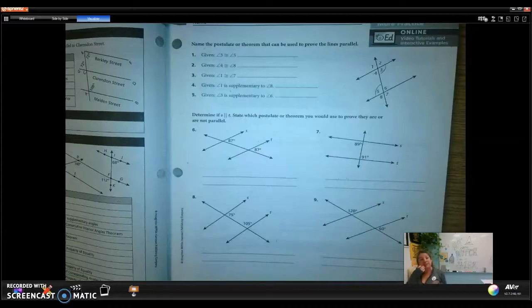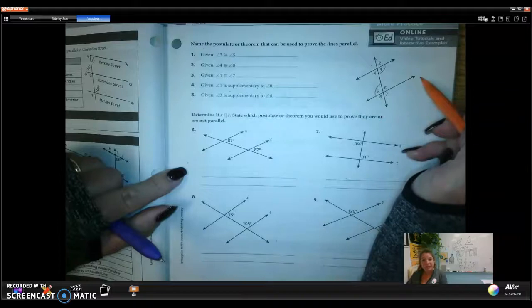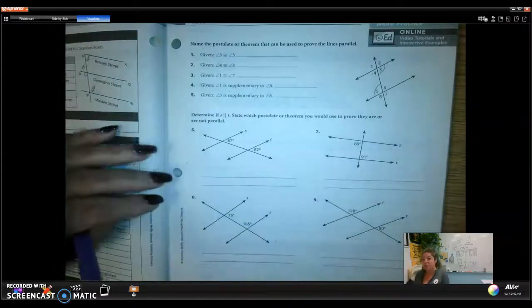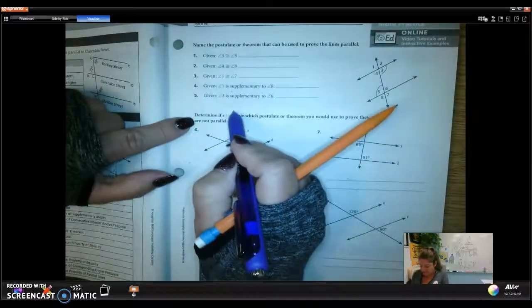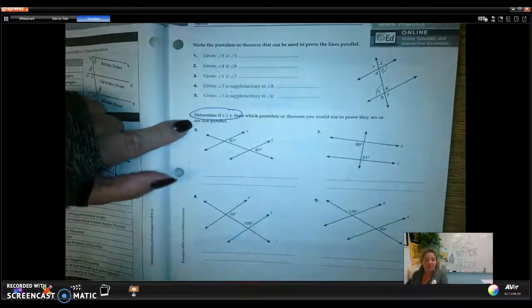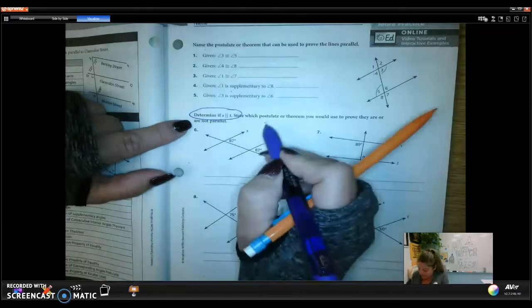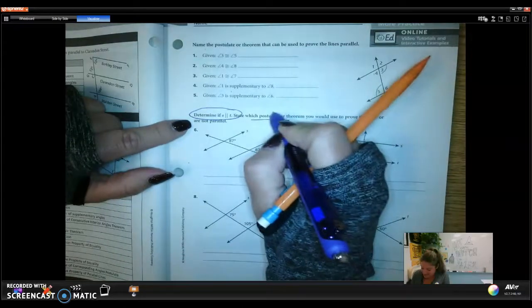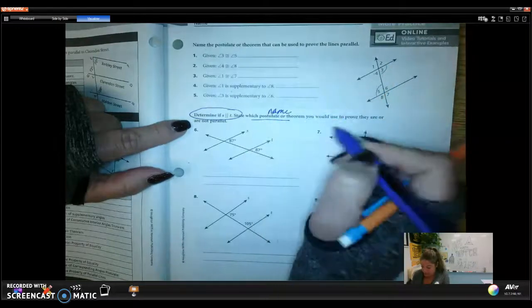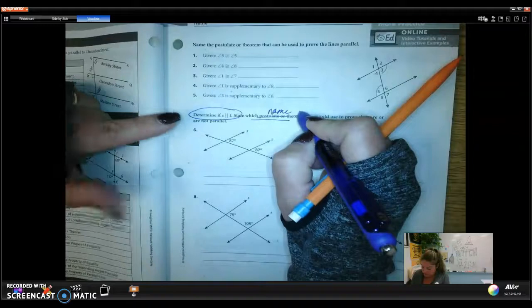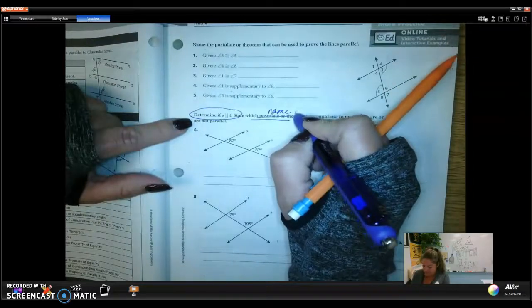Now, here's the thing. Sometimes you know that the lines are parallel. Sometimes you don't. So if you look at the directions for number 6, we are going to determine if the two lines are parallel. Then we can say the name of the angle and what it is. So the postulate or theorem is basically the name of the angles.